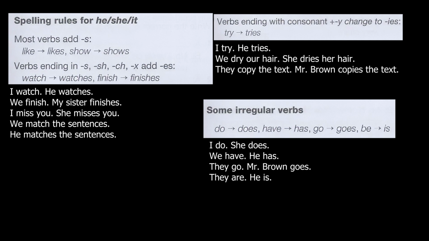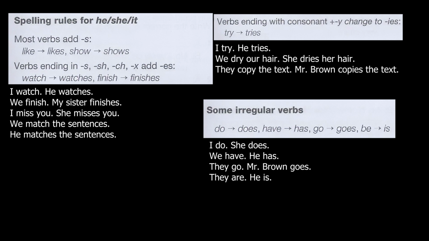Watch, watches, finish, finishes. For example, I watch, he watches. We finish, my sister finishes. I miss you. She misses you. We match the sentences. He matches the sentences. This one is very confusing, but let your intuition do all the work for you.